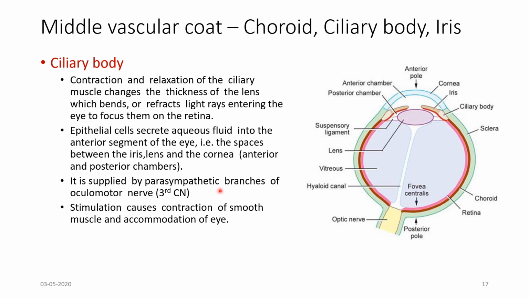The ciliary body is supplied by parasympathetic branches of the third cranial nerve, that is the oculomotor nerve. Stimulation of the ciliary body causes contraction of smooth muscle and accommodation of the eye.